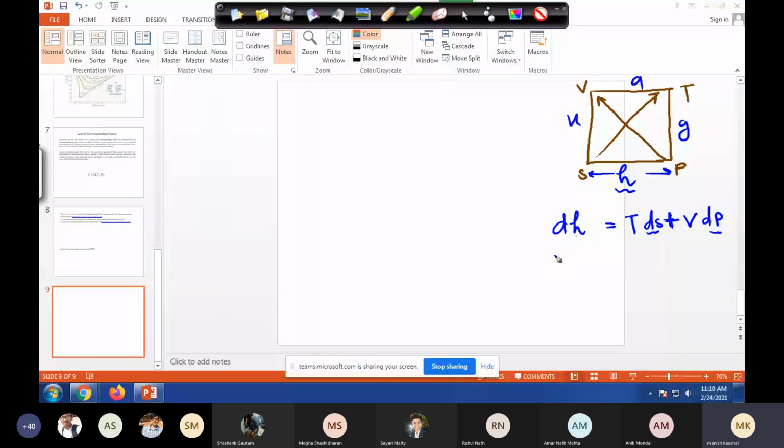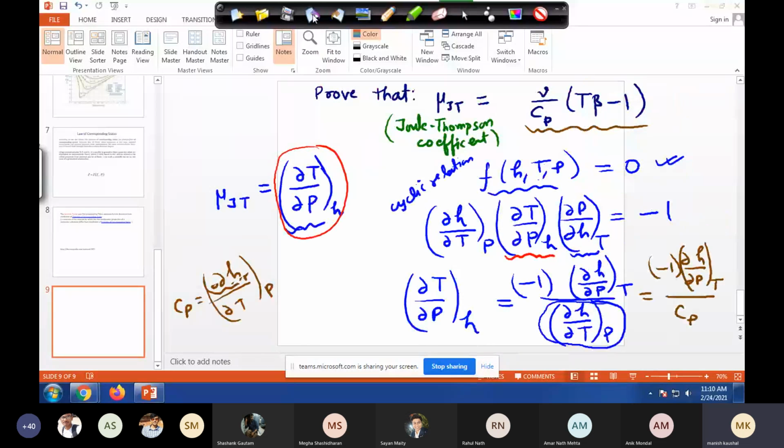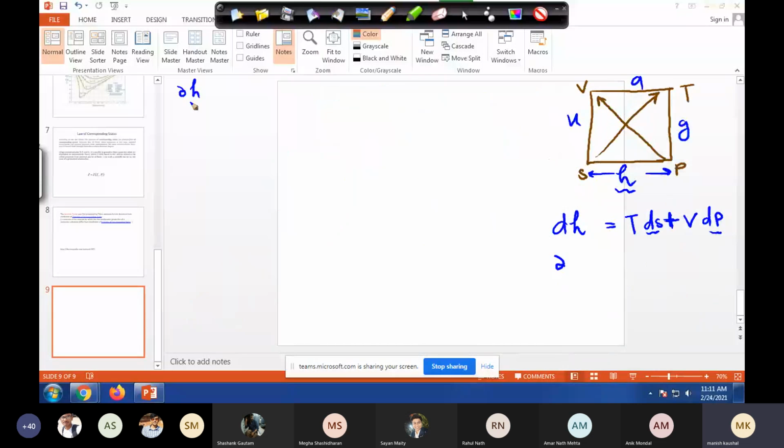Now from here, if you take the differential with respect to P, because you remember in the last slide we are looking for ∂H/∂P at constant T. So differentiate it with respect to P at constant T. So ∂H/∂P at constant T is equal to T, and then we have ∂S/∂P at constant T, plus anyone?